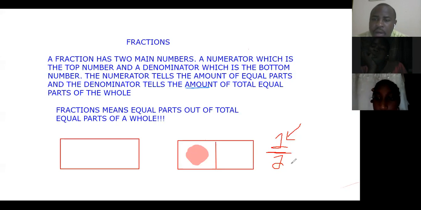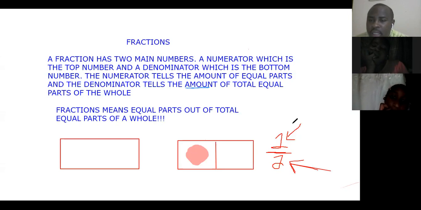This 2 down here tells us the amount of total equal parts. So again, the 1 says 1 equal part.